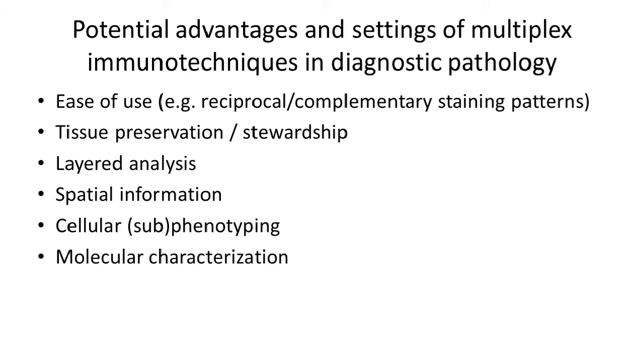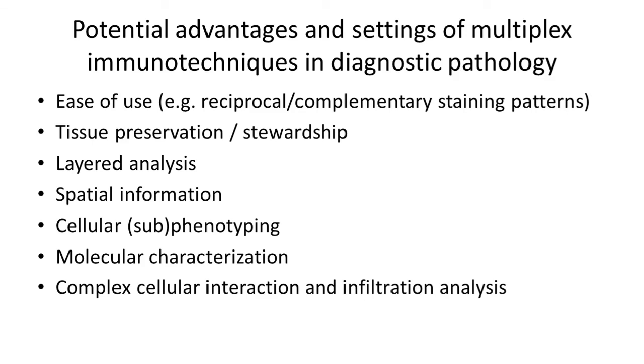By combining different stains, we can do cellular subphenotyping in a single slide. That's also very interesting, particularly for our hematopathological colleagues who then don't need to look at different levels and then try to combine the various stains into one phenotype.